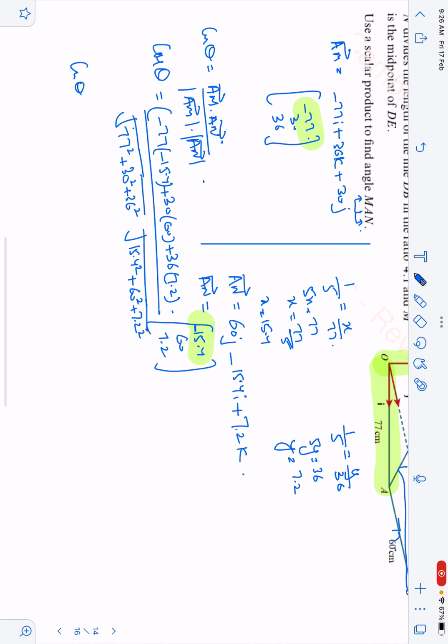Okay, let's solve this. 77 times 15.4 plus 1800 plus 36 times 7.2. So the numerator I am getting is 3245, divided by the square root of 77 squared plus 30 squared plus 36 squared.